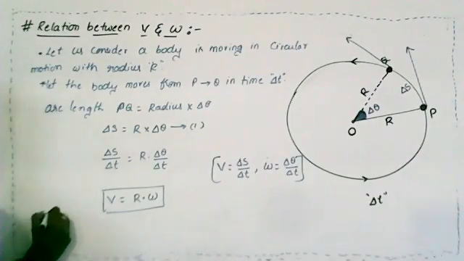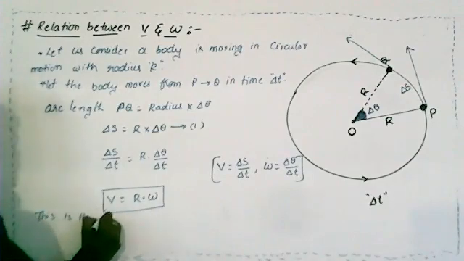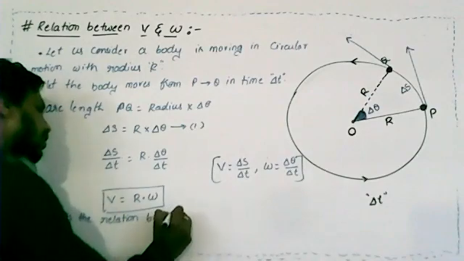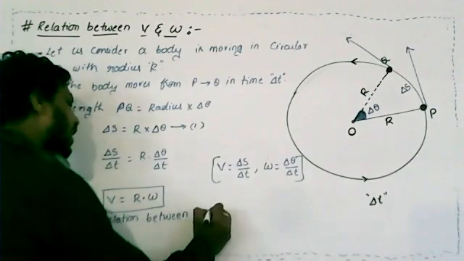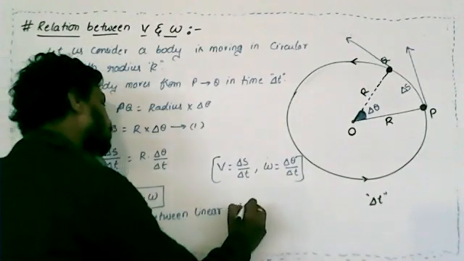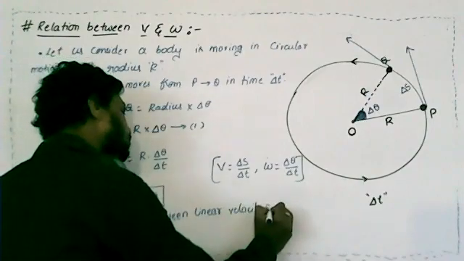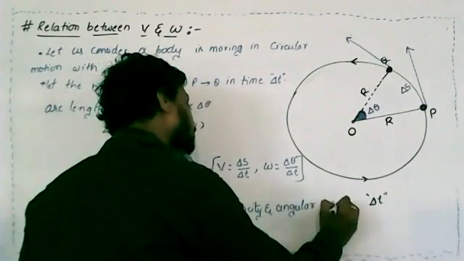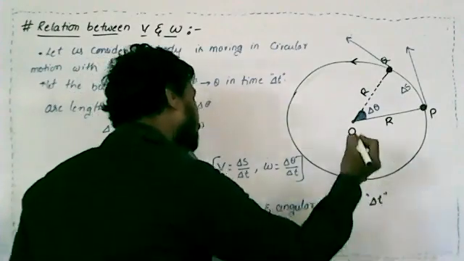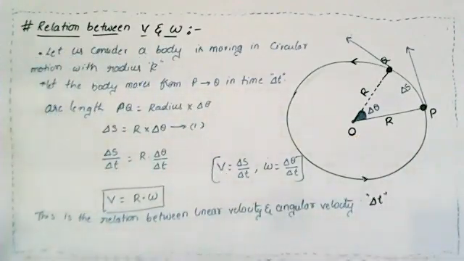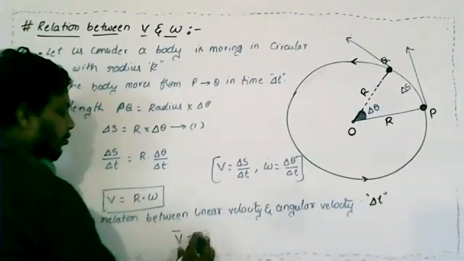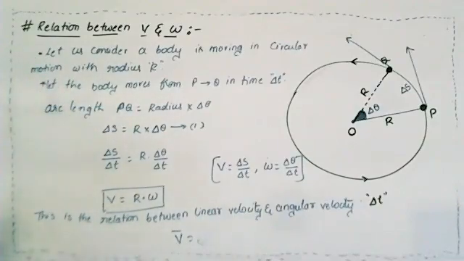This is the relation between linear velocity and angular velocity. Now in vector form, you can write V bar is equal to omega bar cross R bar.